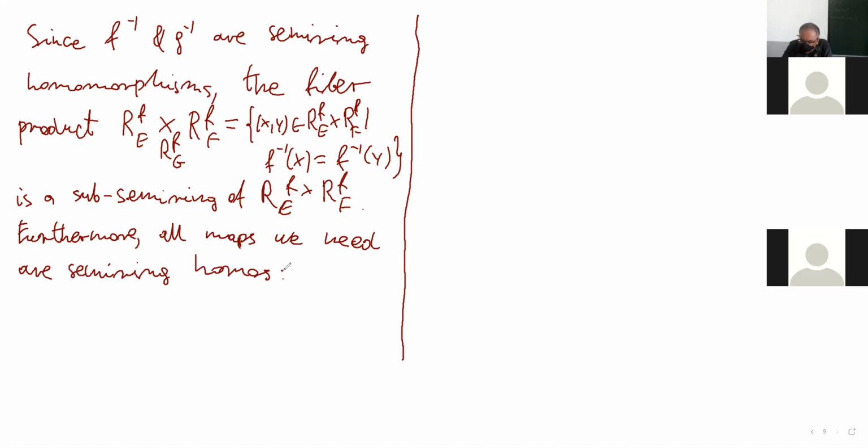Yeah, and what are these maps? Let me try to do this diagram here: RFE, RFG, RFF.